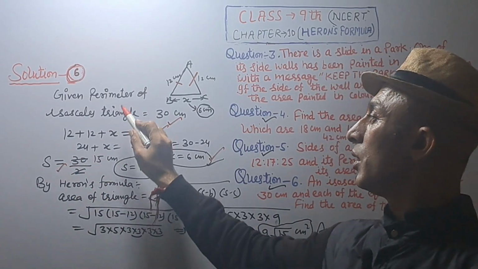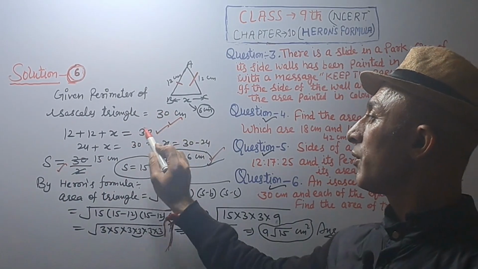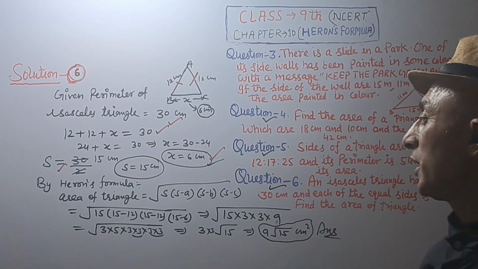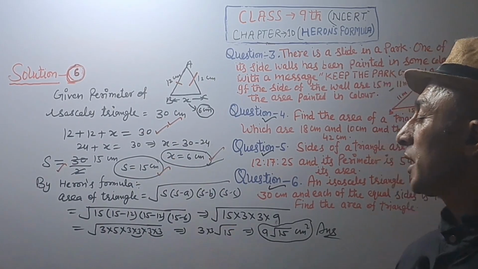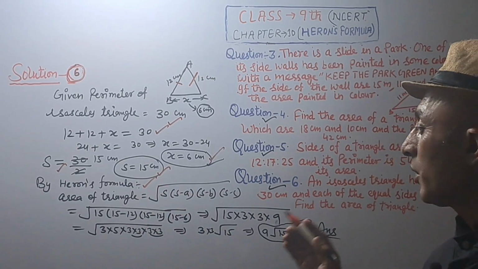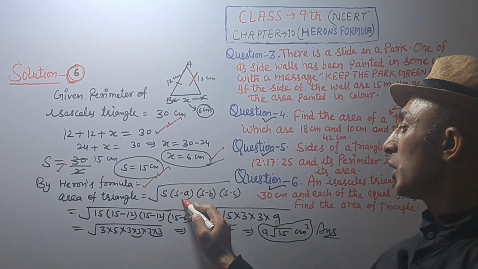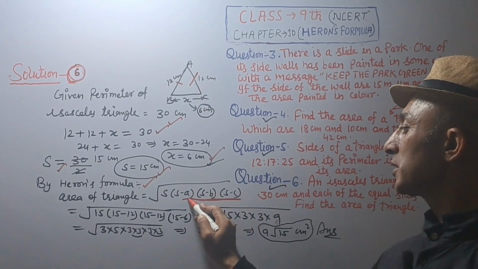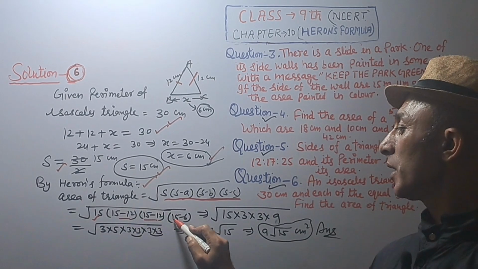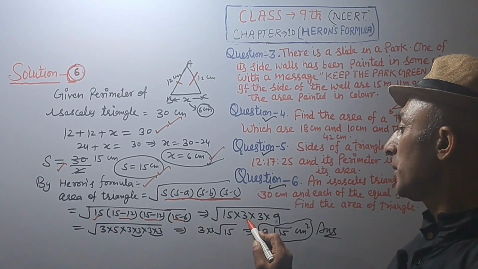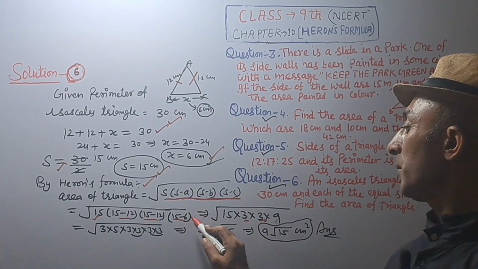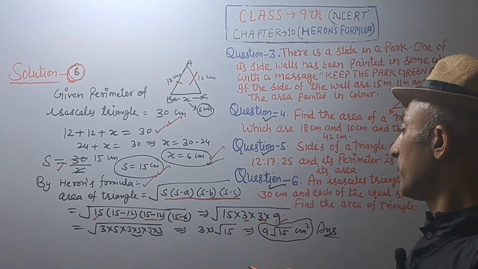And S is equal to semi perimeter equal to half of perimeter, that is 30 upon 2, 15 centimeter. S equal to 15 centimeter, and using Heron's formula, area of triangle equal to root S into S minus A into S minus B into S minus C. S is 15 and 15 minus 12, 15 minus 12, 15 minus 6. 15 minus 12 is 3, 15 minus 12 is also 3, and 15 minus 6 equal to 9.